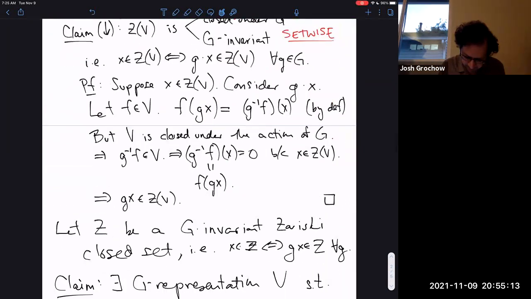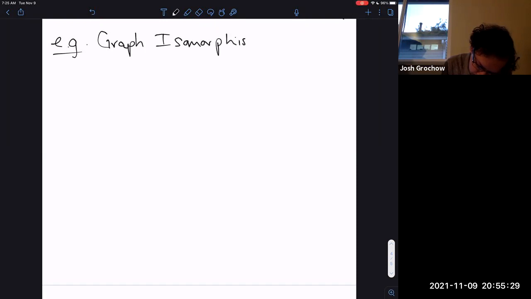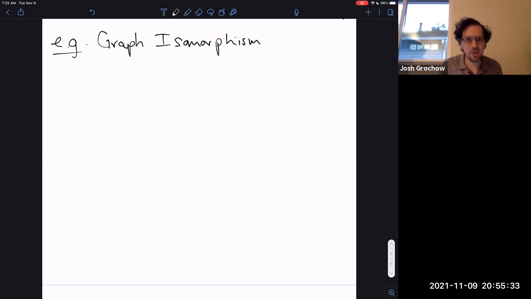And for this, I actually want to come back to another example that was mentioned in an early lecture, I think when they were first covering group actions, which is graph isomorphism. Okay, and this will be, I guess you could think of this as sort of a GCT approach to graph isomorphism.